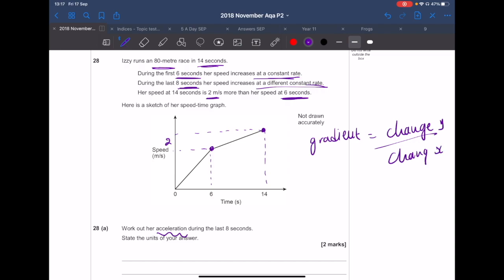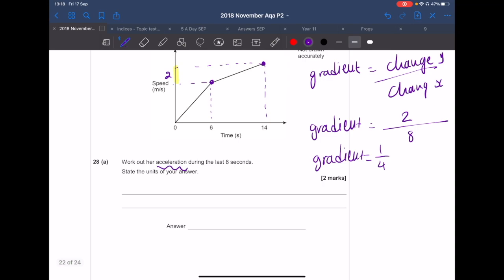Well, the change in x is quite easy to work out because it's 14 take away 6, which is 8. But the change in y, how can we work that out? Well, we just talked about this difference being 2, which is 2/8. So the gradient is 1/4. So my answer is 0.25 meters per second squared.